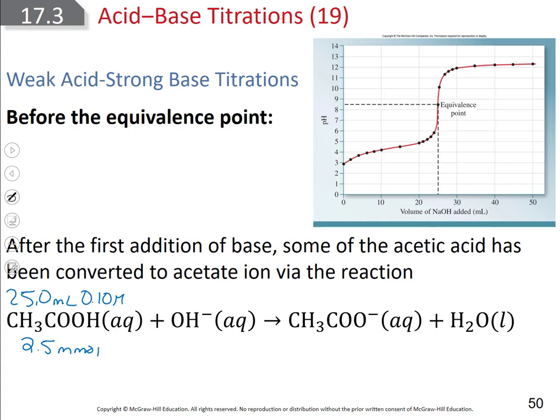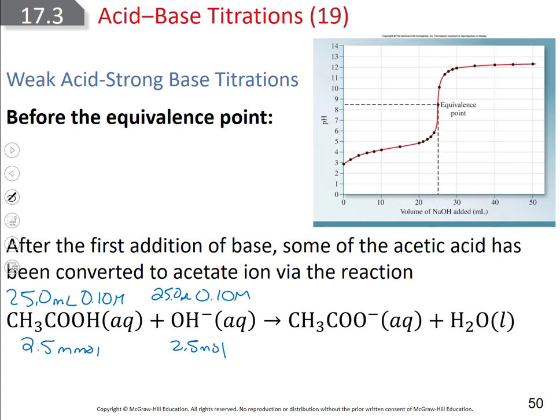So at the equivalence point, how many milliliters of hydroxide would we have added? To get equal millimoles, how many milliliters of hydroxide would we need to add? 25 as well. Good, because they're both 0.1 molar milliliters, which would give us 2.5 millimoles.